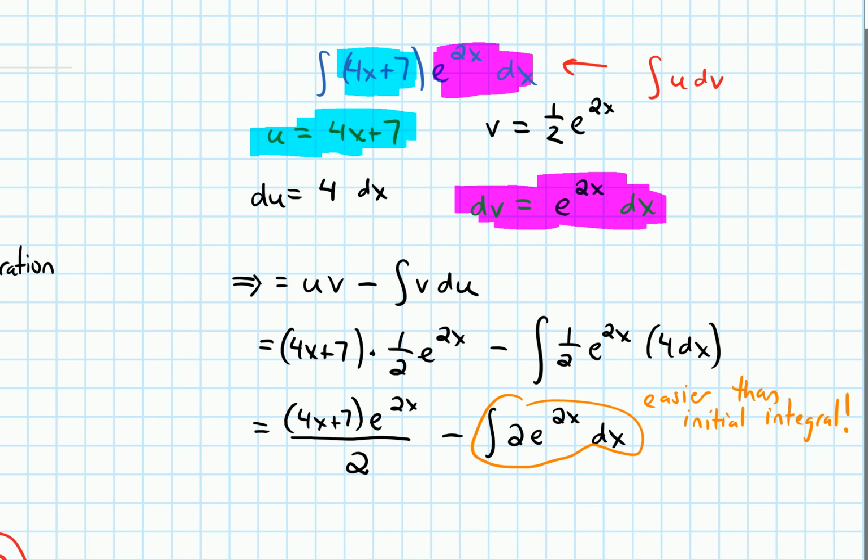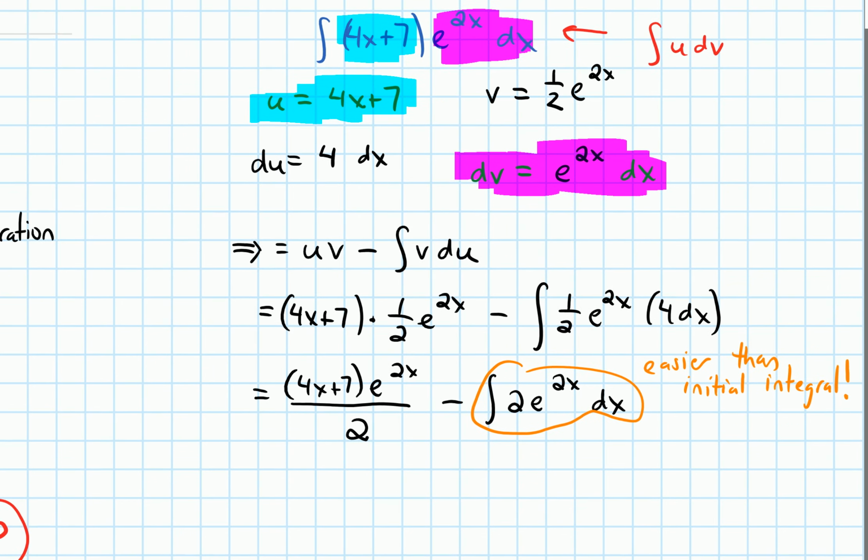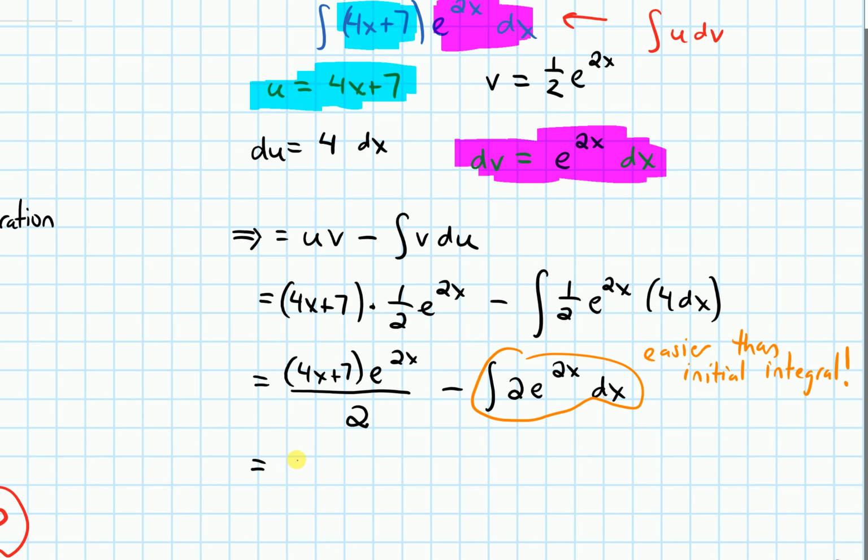We have an integral that's harder to do, or something that we don't know how to do, but after applying integration by parts, this new integral, the integral of v du, ends up being easier to do. Okay, so let's evaluate this. We end up getting 4x plus 7 times e to the 2x over 2, and then minus the antiderivative of 2 e to the 2x.